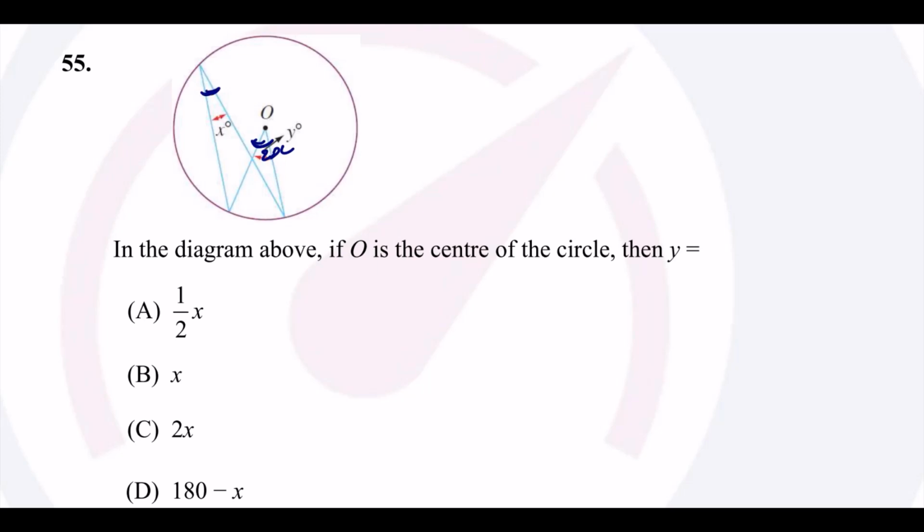So if here is x, here is 2x. Therefore y is equal to 2x. So our answer is going to be C.